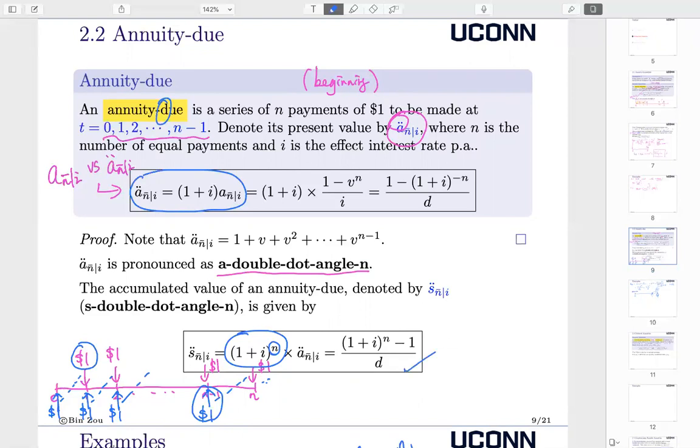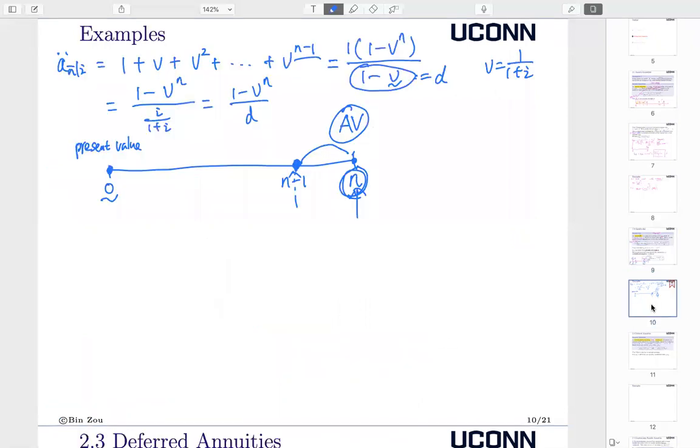Of course, this is straightforward. Example, we do have examples 2.3 and 2.4. Let's take a look at 2.3. I will leave 2.4 to you. Find the present value. So we want to know the present value. So it's a series of 25 regular payments.